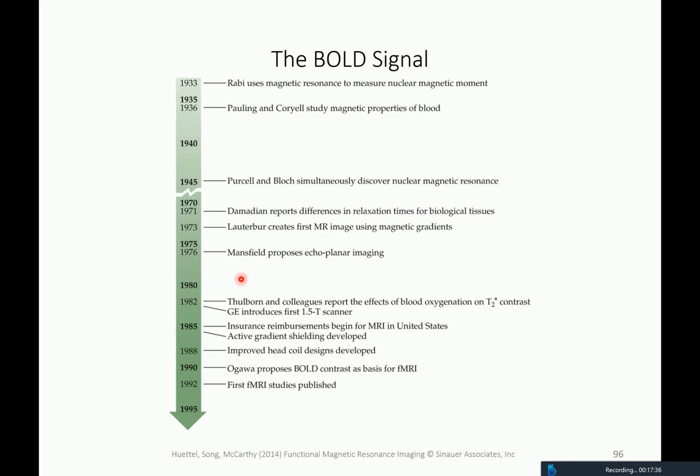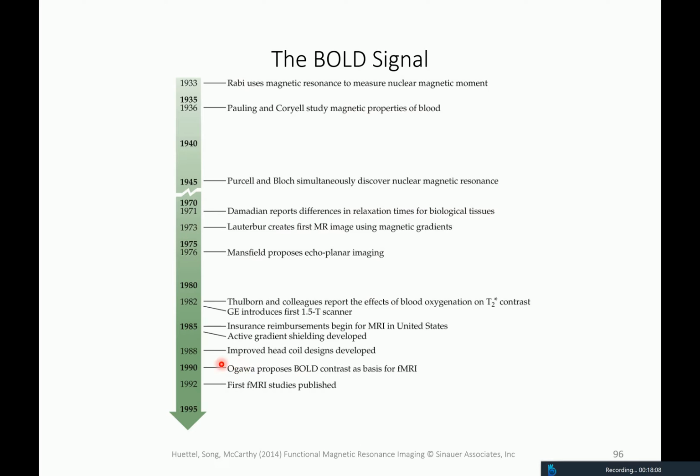And then in the early 80s, the effects of blood oxygenation on T2 star contrast, so the time constant of the transversal relaxation. So a link between blood oxygenation and measurements that you can get from MR. And basically this being supplemented throughout the 80s.